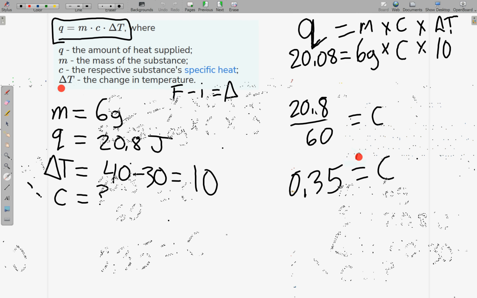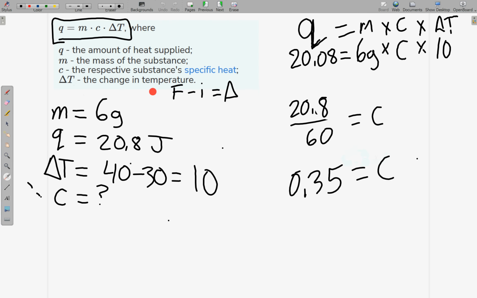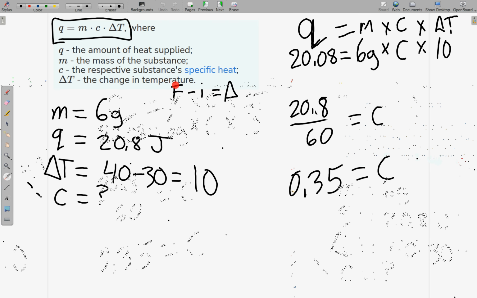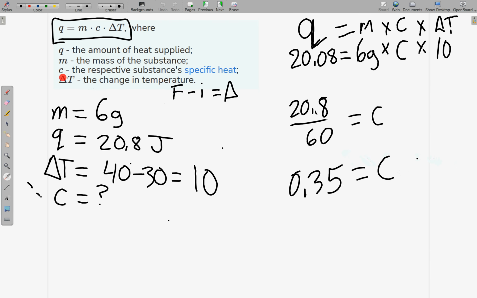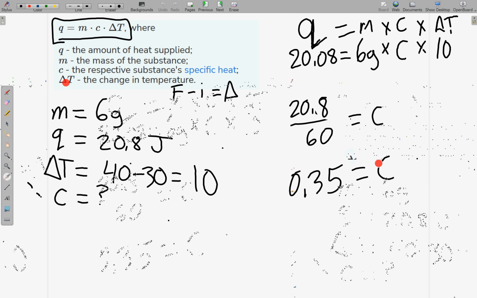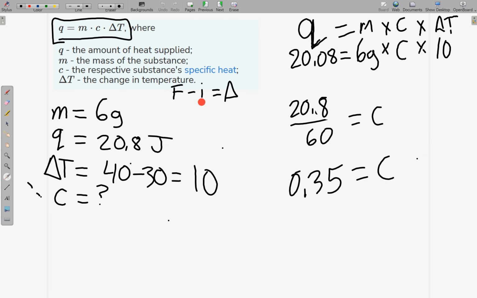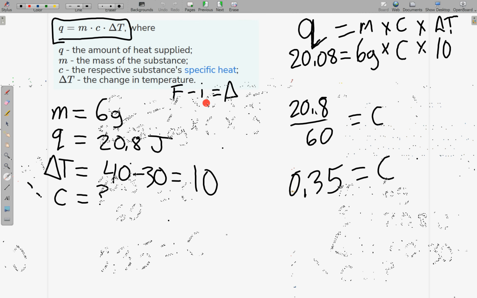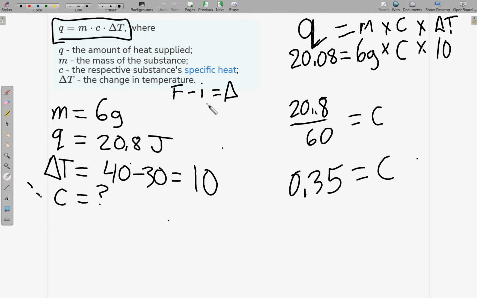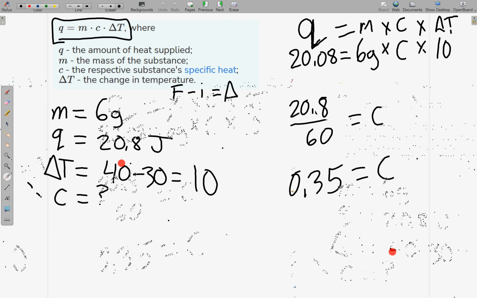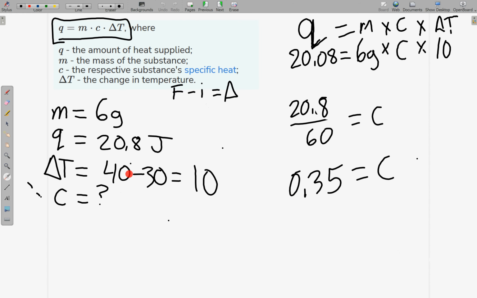And then delta T is the change in temperature. And change, the delta, the triangle there means change. And change is always going to be final minus initial, okay? And that's important because in this case, we're going from 30 degrees to 40 degrees.